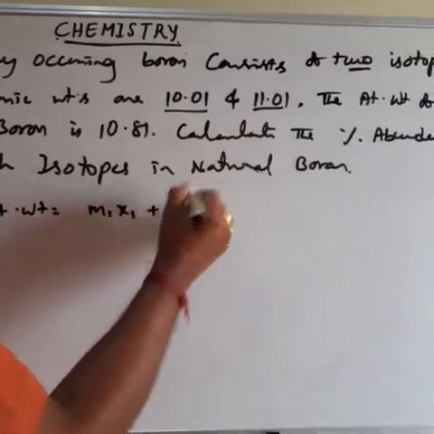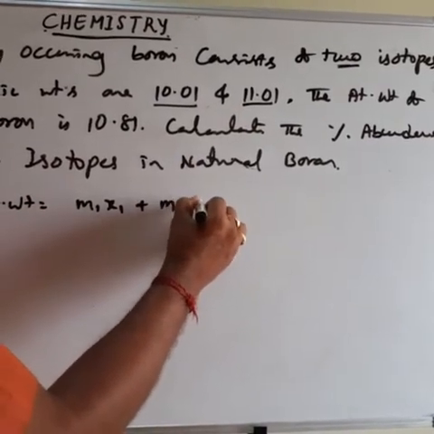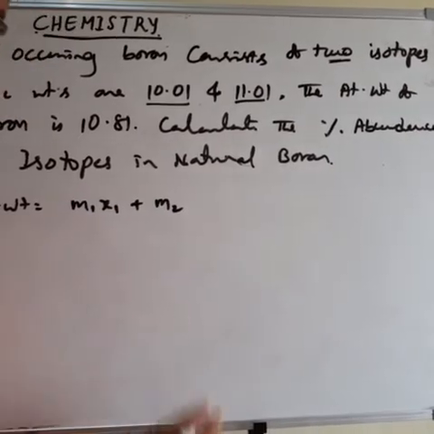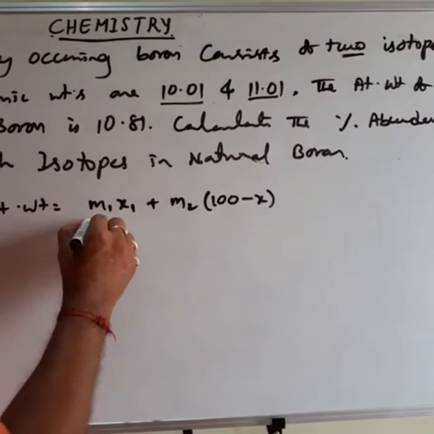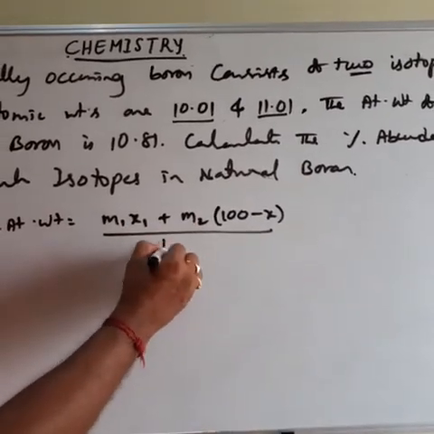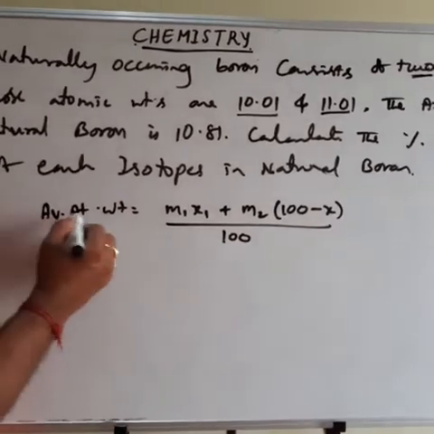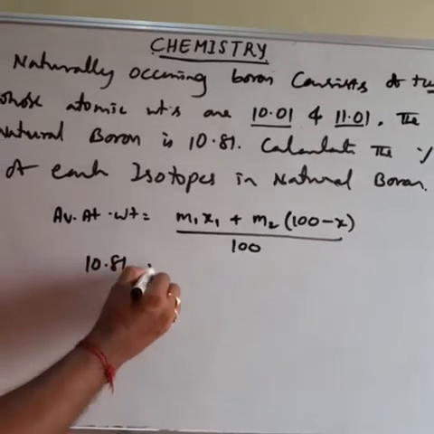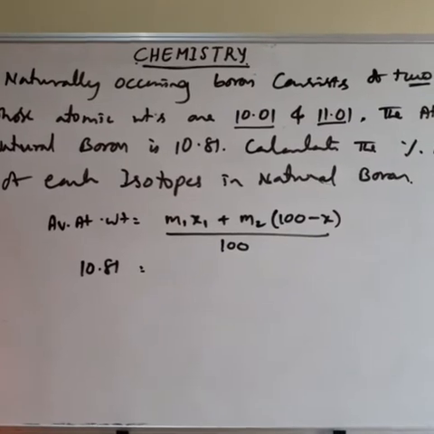Plus mass of the second isotope M2, abundance we don't know, so that is 100 minus X, divided by total percentage, always equal to 100. Total abundance equals 100. Then average atomic weight they gave: 10.81.